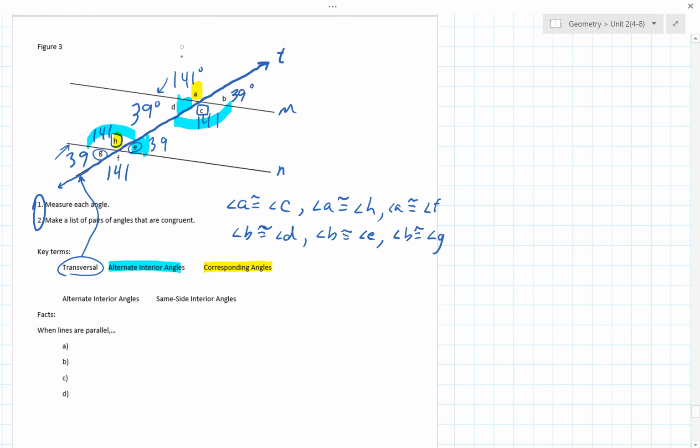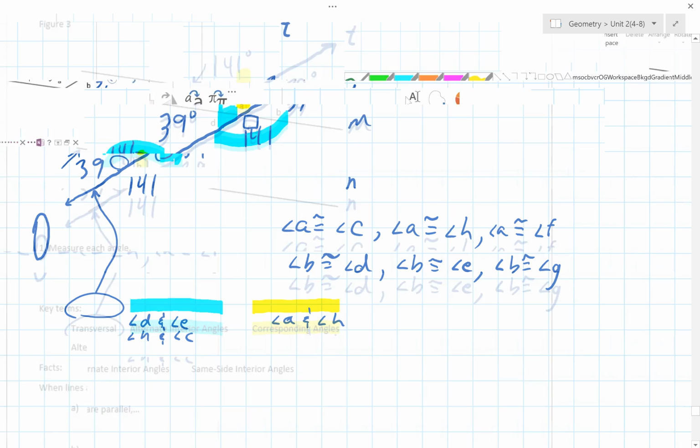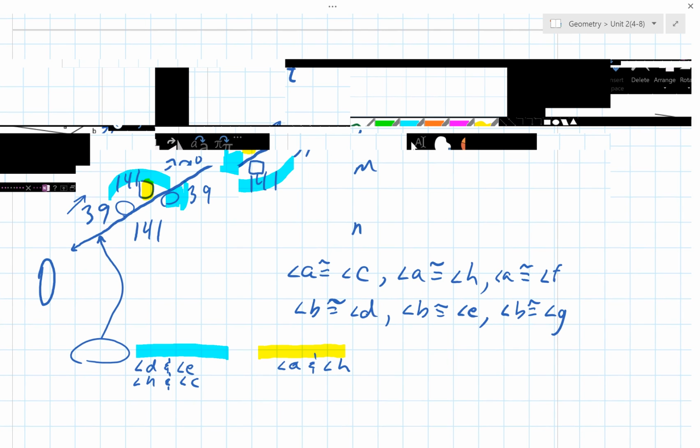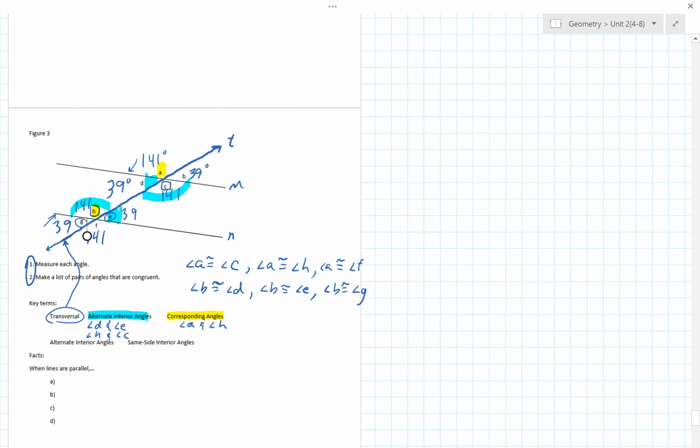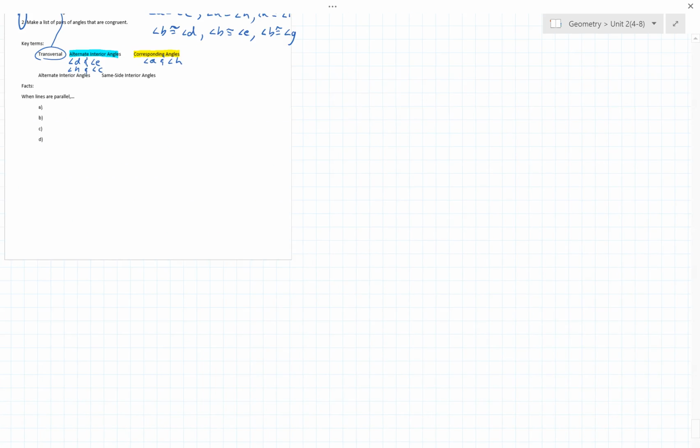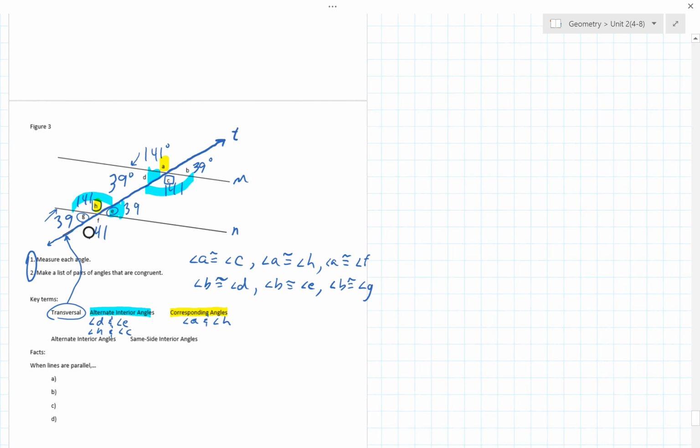So let's make a list here so we can keep track. Angle A with angle H. Okay, alternate interior, we said angle D with angle E, and also angle H with angle C. Okay, are there any other pairs of corresponding angles?